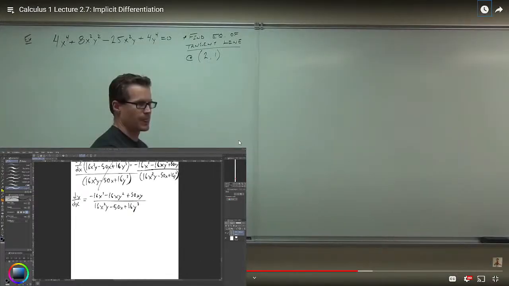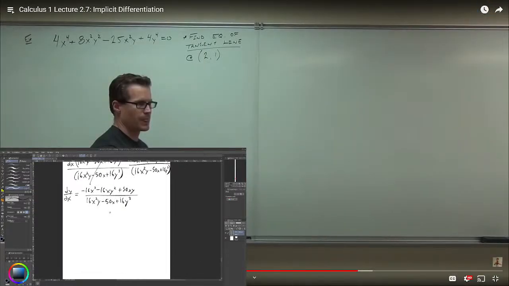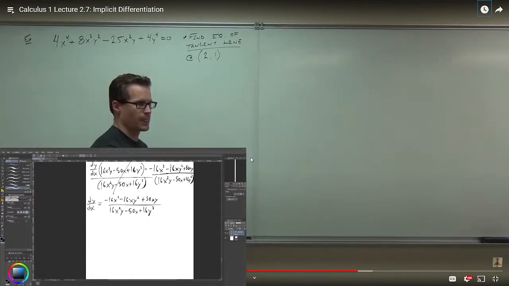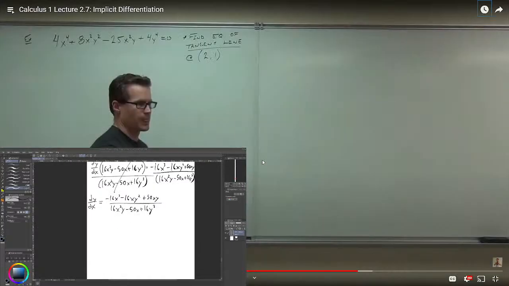Now we're finding the equation of the tangent line at (2, 1). So first we gotta find the slope. We already have our point, luckily.